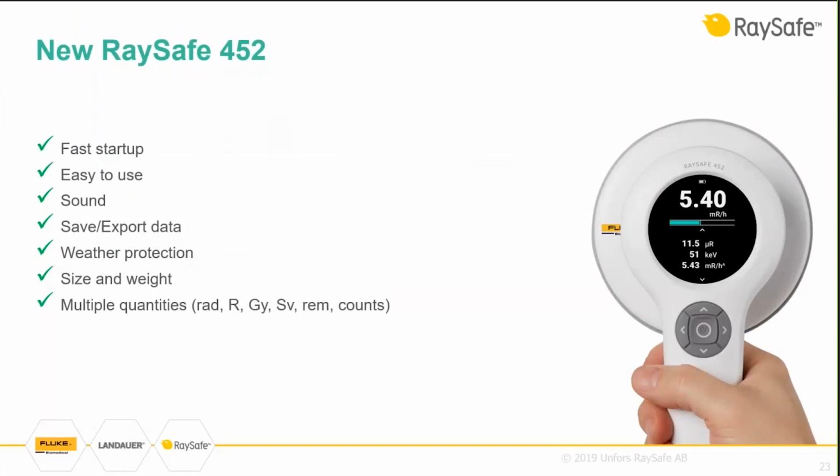It automatically saves data, which can be exported for reports or later processing. And with its high IP classification, it can also be used both indoors and outdoors in rainy and dusty environments. And it's lightweight and has the possibility to measure multiple quantities with help from the 2 different filtration lids.